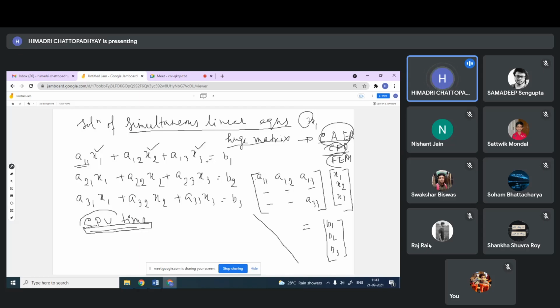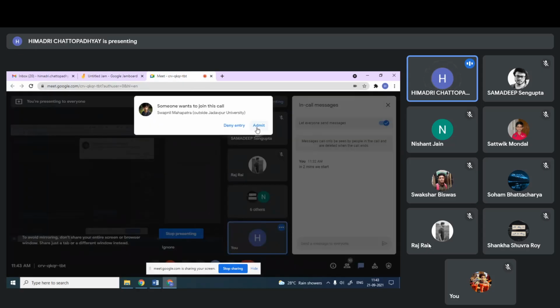CPU is the central processing unit, so it should be able to solve fast. Using determinants for a very large matrix will take longer time. There are some methods which will do it in shorter time, and also certain iterative techniques.